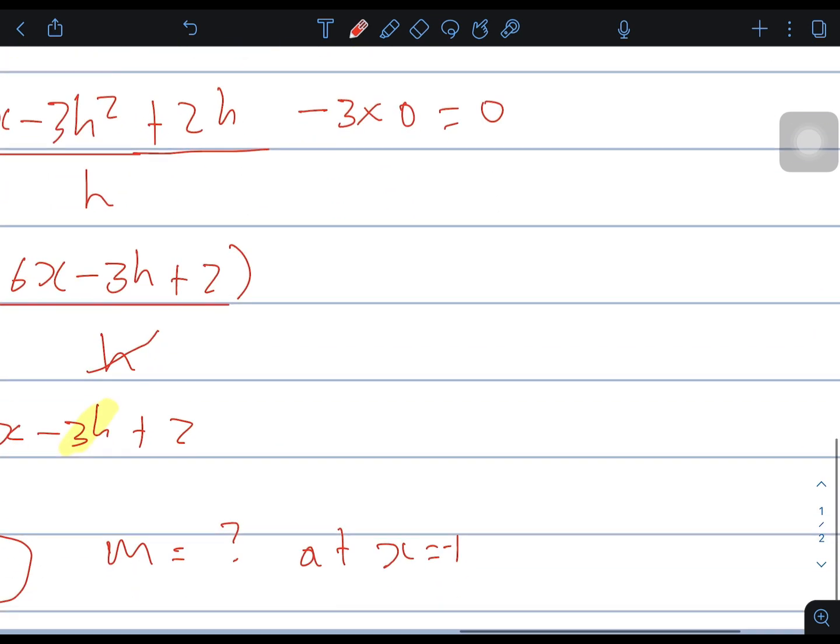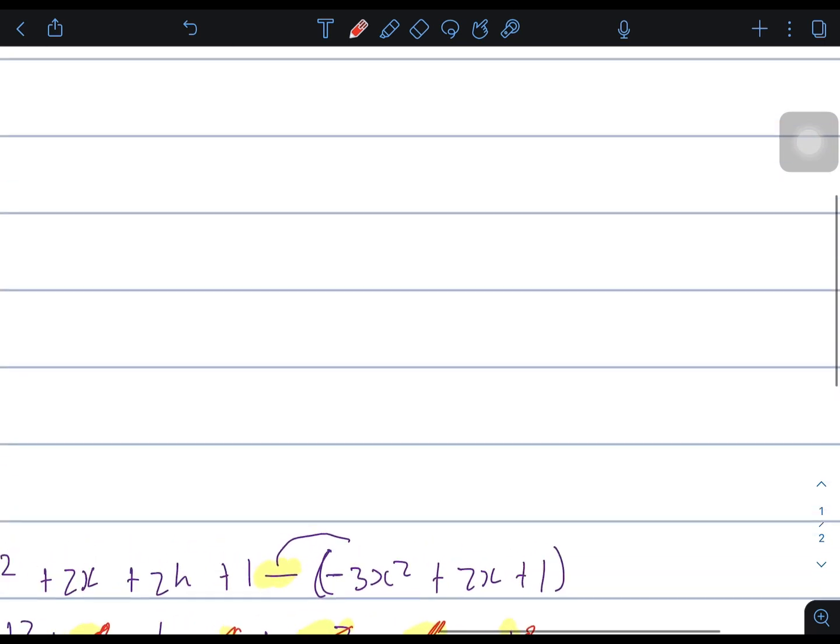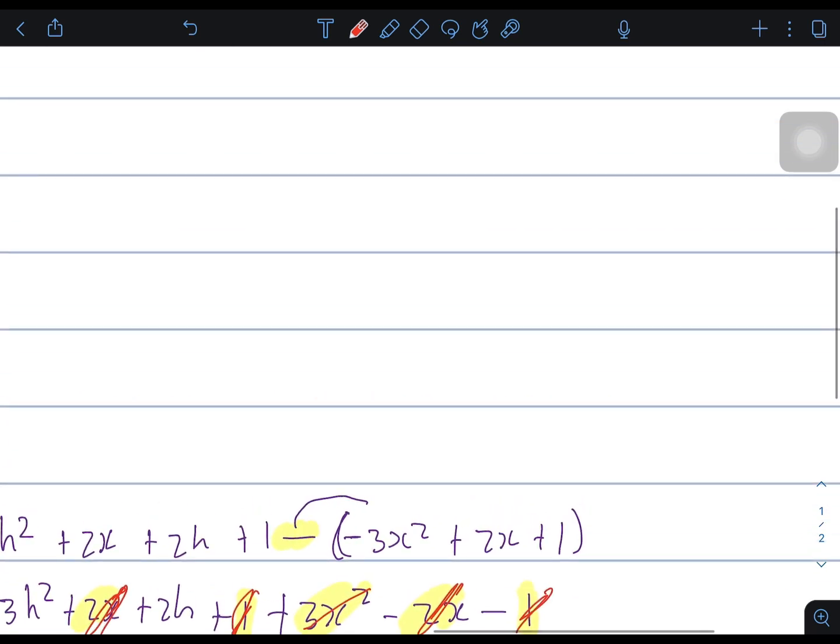Guys, the gradient of a curve is not constant. For example, let's say I'm making an example now. Let's say this curve is like this. The gradient at this point is at its lowest.